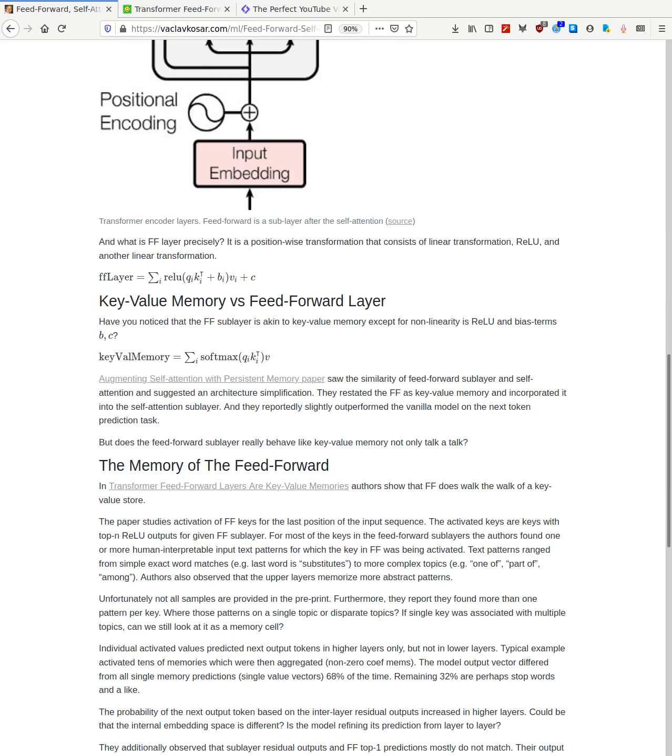What is the feed-forward layer exactly? Do you know? Well, the feed-forward layer is a position-wise transformation, whereas self-attention is on the whole sequence, all positions. The feed-forward layer consists of the following operations: a linear transformation, ReLU, and another linear transformation.